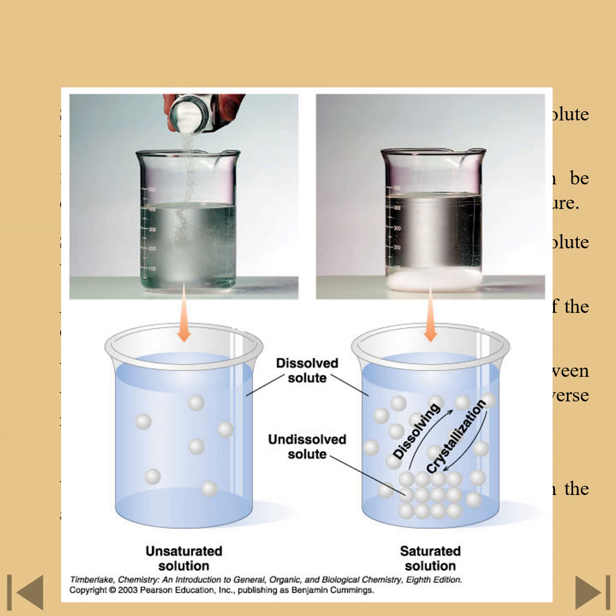And some of that solid is going into solution, but at the same time, some of the solute in solution is recrystallizing into the solid phase. So some of the dissolved is undissolving, some of the undissolved is dissolving. And again, this is a dynamic process, meaning it's in motion. It's not stagnant. It's not static.